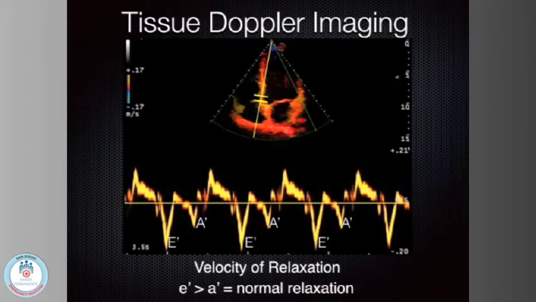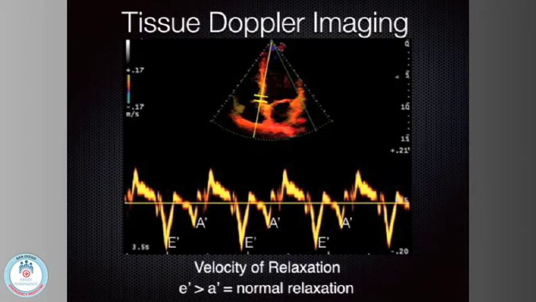But if you want to take it a little further, you can actually measure how fast the heart is relaxing using tissue Doppler. Tissue Doppler measures the velocity of tissue. You imagine the base of the heart as it's moving away. With pulse wave Doppler, we're measuring the velocity of red blood cells going through the mitral valve. With tissue Doppler, we're measuring the tissue as it's relaxing away, as the base of the heart is moving away during diastole.